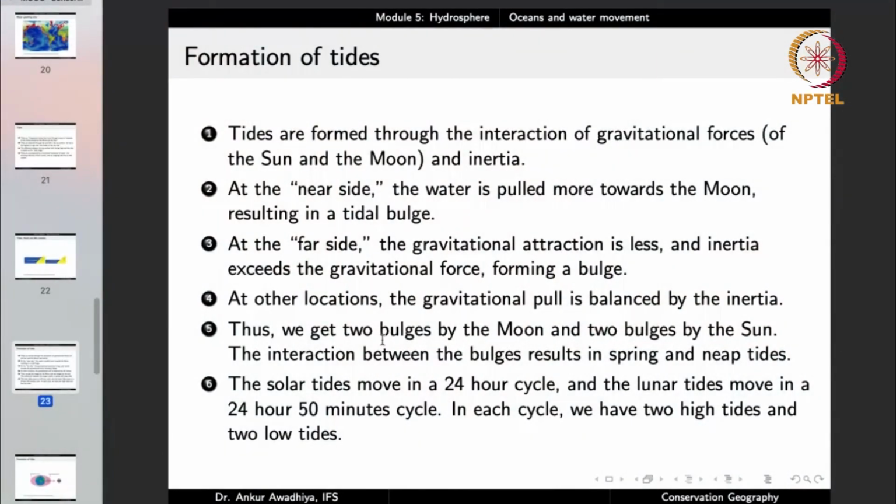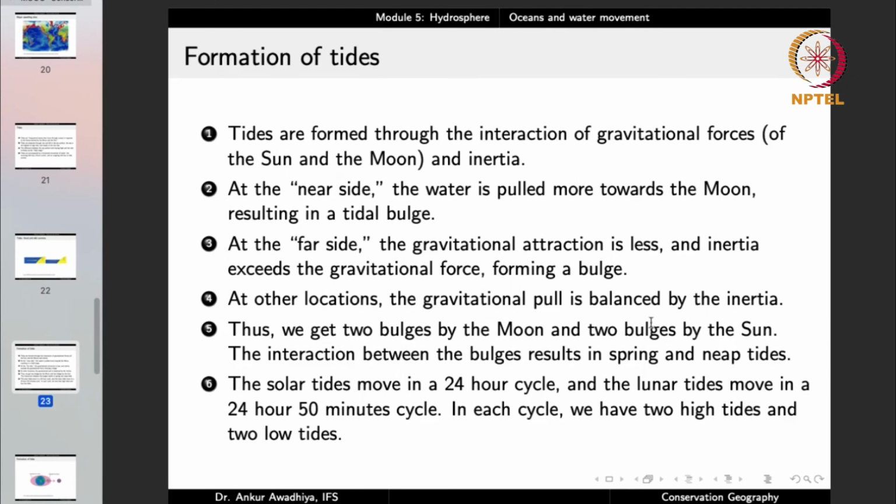Similarly, if both the sun and the moon are making a low tide, then we will have an even lower tide. Whereas if one of them is making a high tide and the other a low tide, the effects will cancel out somewhat, and we will not have that high or that low a tide. So both these bulges interact and result in spring and neap tides.